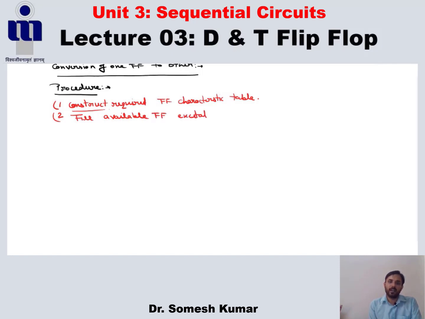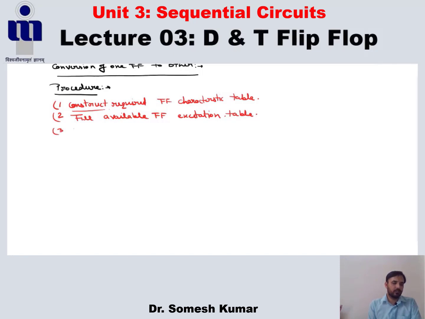So from this characteristic table you have to fill the available flip-flop excitation table. Here JK is the available flip-flop, so you have to write the excitation table of the available flip-flop.